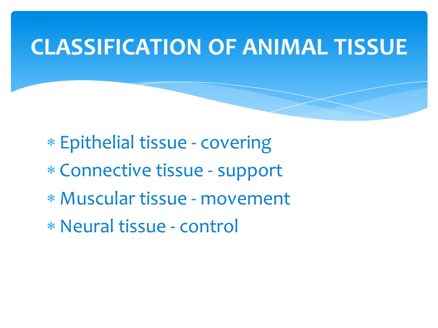Animal tissue is classified into 4 types: epithelial tissue, connective tissue, muscular tissue, as well as neural tissue. Again, we have classified epithelial tissue as simple epithelial tissue as well as compound epithelial tissue.